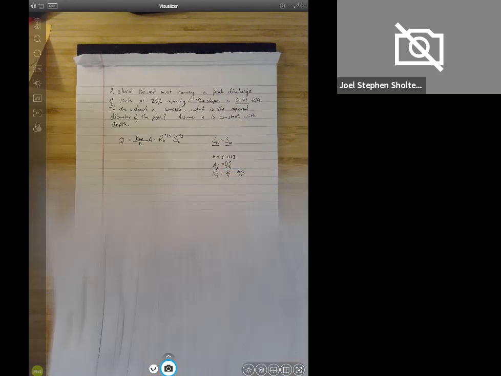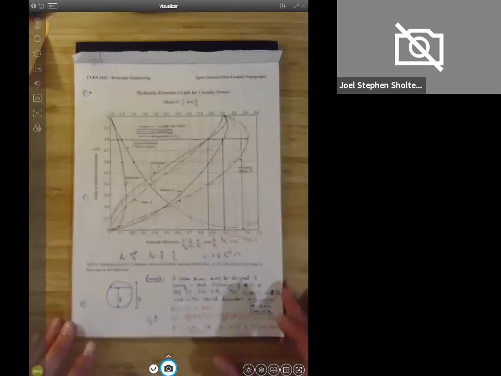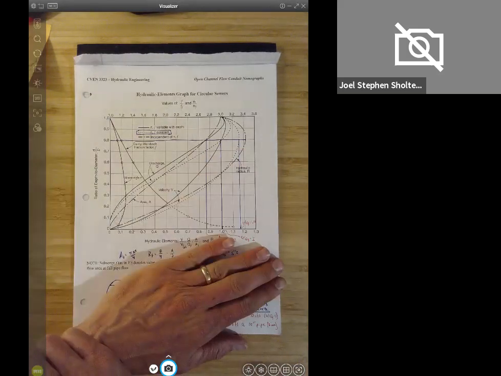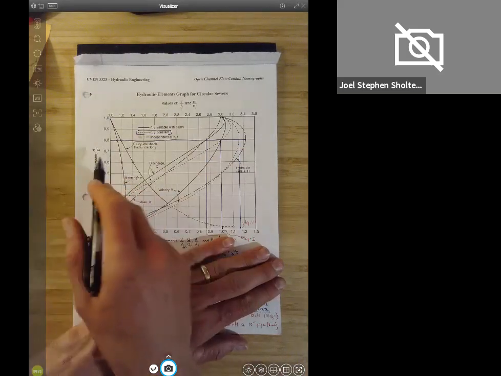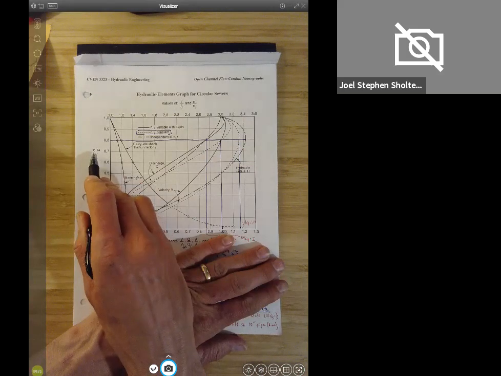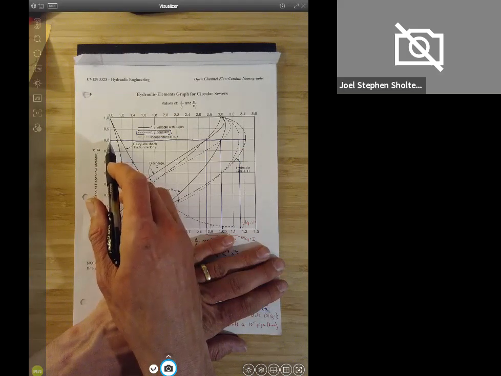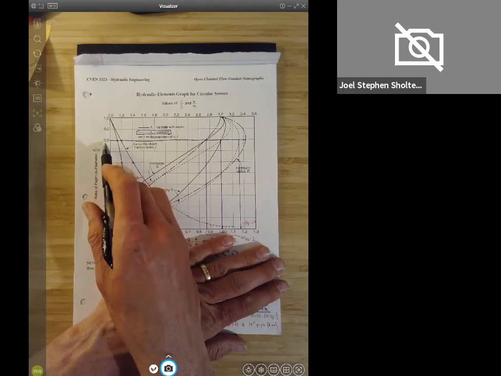All right. Now to solve this problem, we're going to go to our nomograph. Okay. So the way this nomograph works is we start with the relative flow depth. So little d is the flow depth over the diameter of the pipe, big D. We said that we're going to be at 80% full. And so here's 0.8.